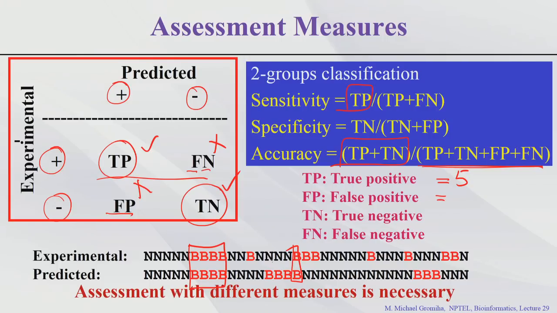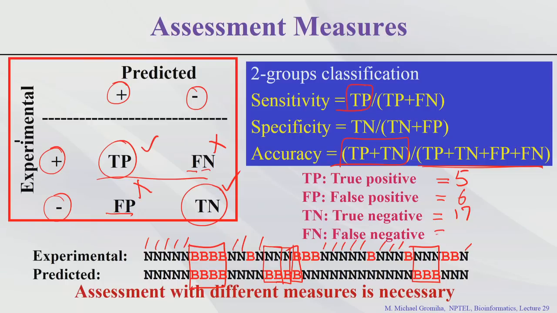Predicted as plus... 3. How many true negatives? 1, 2, 3, 4, 5, 6, 7, 8, 9, 10, 11, 12, 13, 14, 15, 16, 17.